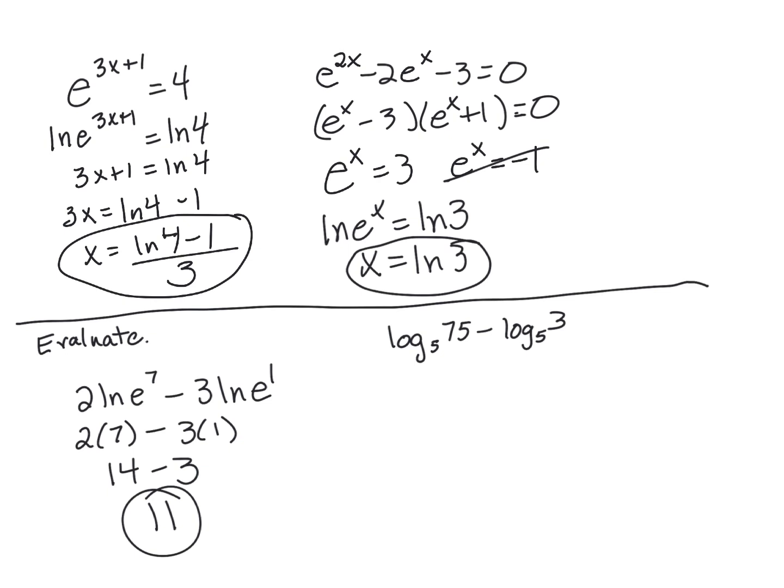They're both base 5, so we can condense these using division. Log base 5 of 75 divided by 3 is log base 5 of 25. And log base 5, remember, is asking the question, 5 to the what equals 25, and we get that this thing just equals 2.